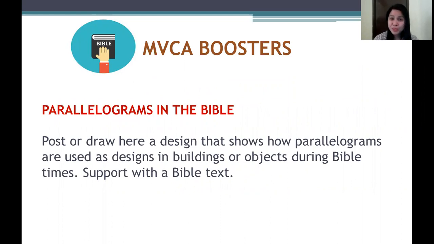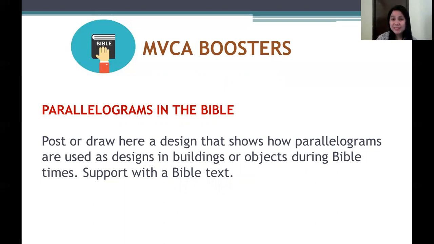You need to post or draw a design that shows how parallelograms are used as designs in buildings or objects during Bible times. Support it with a Bible text. It can be a design of a building, or it can also be an object.